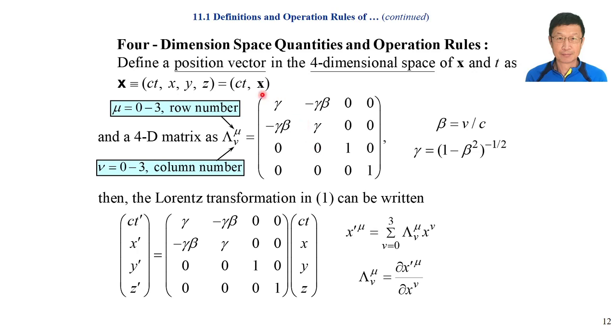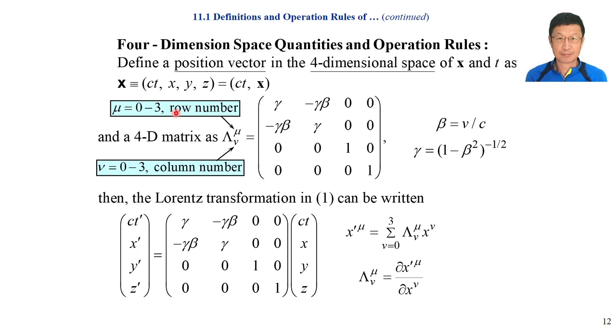So first, let's define a position vector in four-dimensional space of x and t. That's a position vector in four-dimensional space: ct, x, y, z. In short, x mu. Mu runs from 0 to 3.